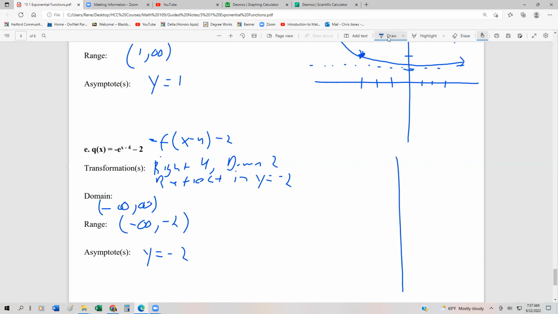So here's our graph. Again, we have y equals -2. We usually have the point 0, 1, but what we're doing is we're moving right 4 and we're moving down 2 units. So that's going to be right here for our usual point, but what we're doing is we're reflecting it.